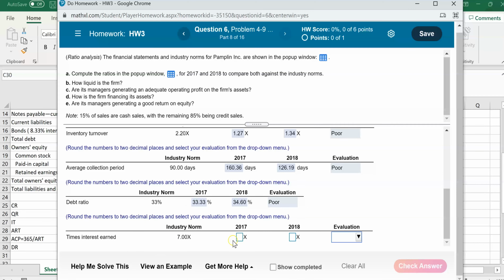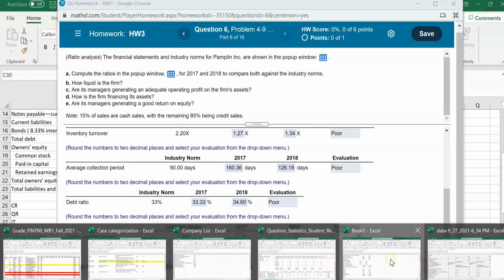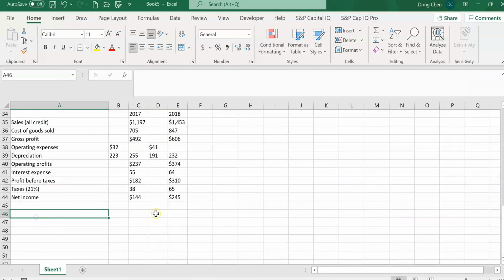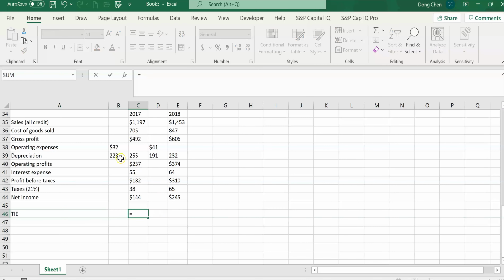And times interest earned. So this is also called the interest coverage ratio. So this is defined to be the EBIT, or operating income, divided by the interest expense. And both numbers are from the income statement. So we can just use the times interest earned. This is operating profit, right?